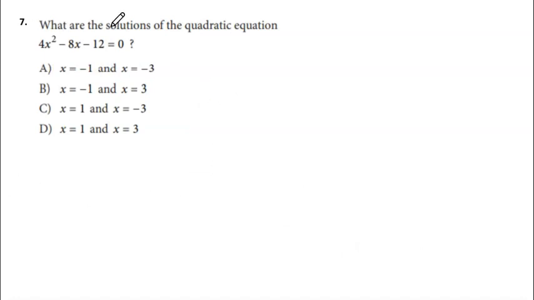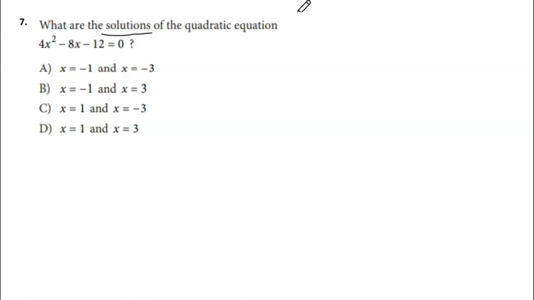All right, so question number 7, we have this quadratic equation to solve, right? This quadratic equation has two solutions. Once again, we have solutions, right? If it's a quadratic function, they will say zeros or solutions or roots, right?